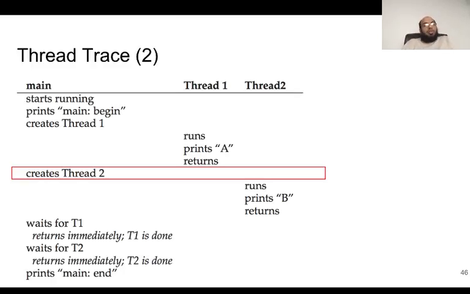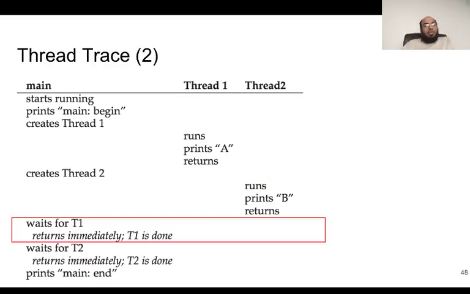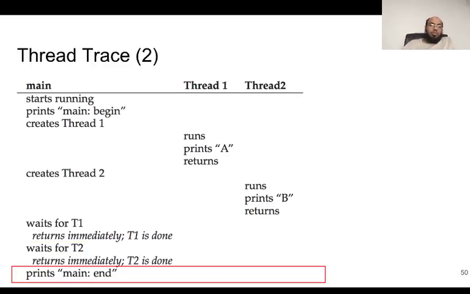For some reason, you create thread 2, and you right away run thread 2. Once thread 2 is ready to run, the scheduler starts running it. And then you wait for T1. Well, there's nothing to wait for because thread 1 is done. Wait for T2, nothing to wait for because T2 is done, and then you print main end. This is the second possible sequence.